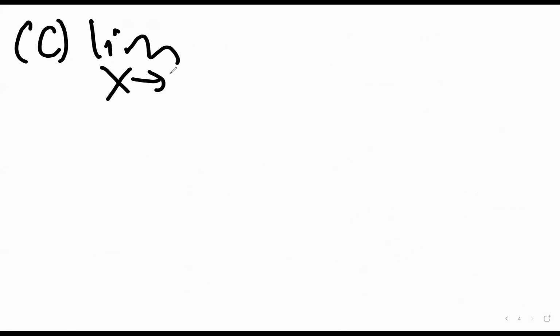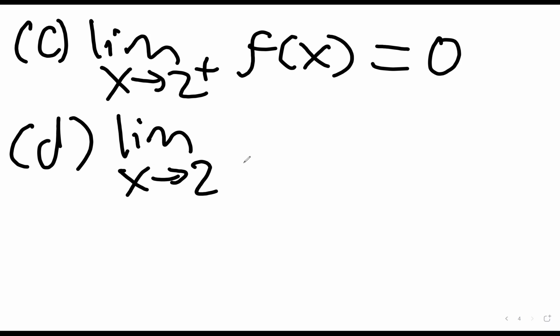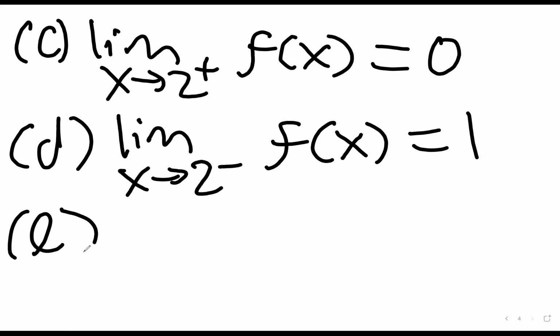What is the first one? The right-hand limit of f at 2 is 0. The left-hand limit is 1, and the limit does not exist.